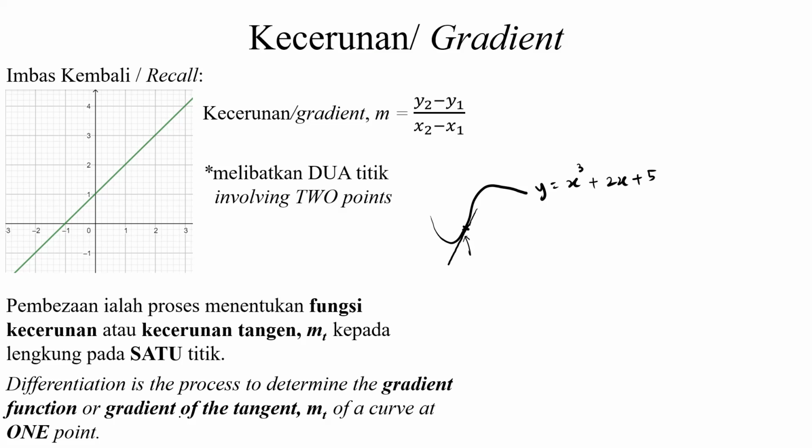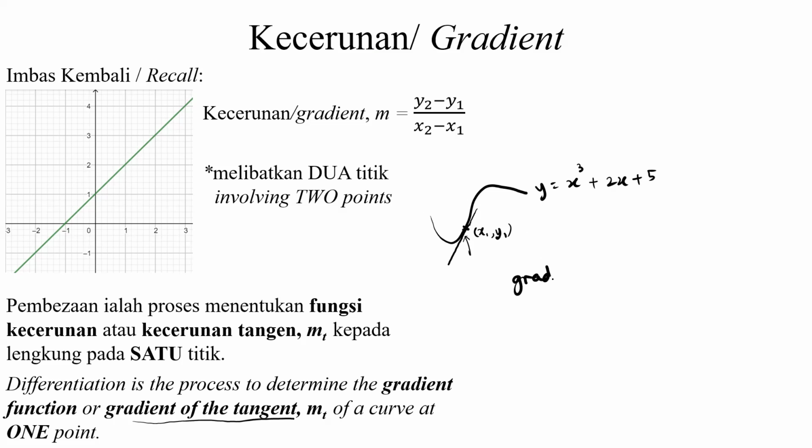So at one specific point here, (x1, y1), I want to find the gradient of the tangent, which is the gradient of the curve at this point. So the gradient of the tangent at a point means the gradient of the curve. Without the word tangent also can, because the tangent touches the curve at 1 point.